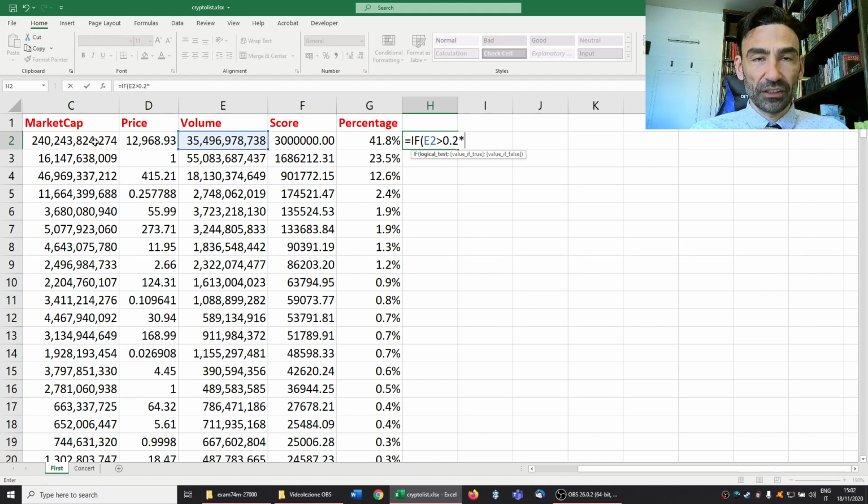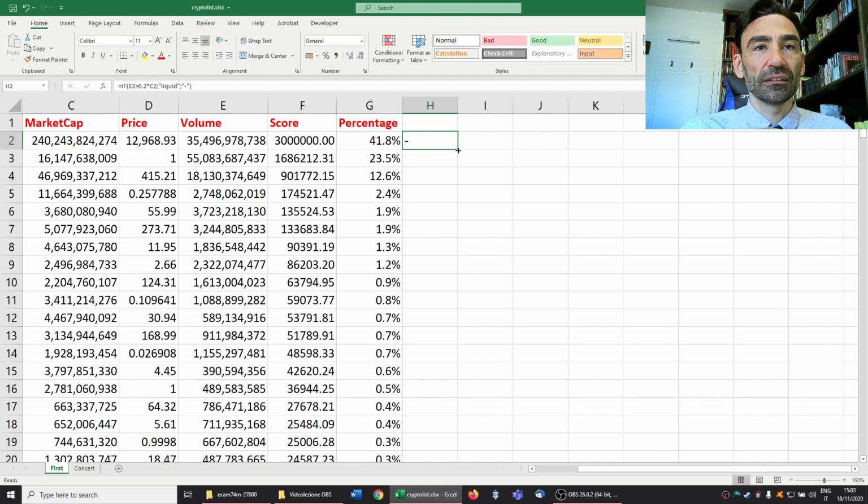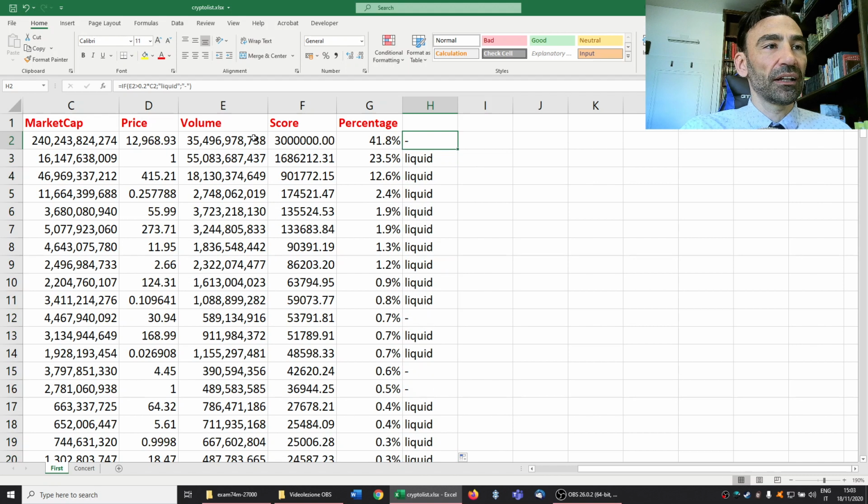They are perfectly equivalent. In this case we insert liquid. Otherwise we insert a dash. I put a quick check. Bitcoin is 35 billions compared to 240 billions. It's not 20%. While Tether is even more the volume with respect to market cap, so it's liquid.